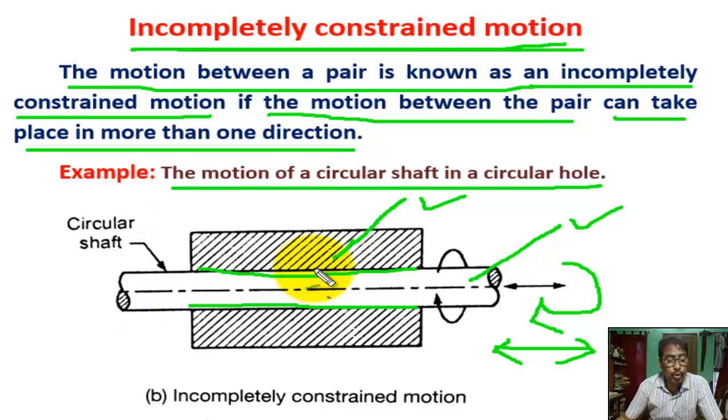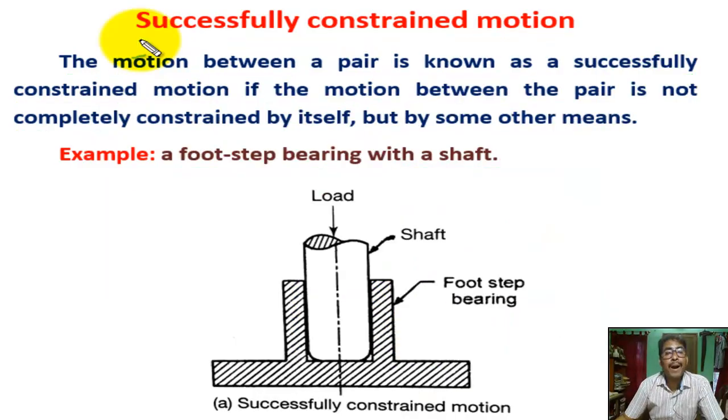The motion of a circular shaft in a circular hole is an example of incompletely constrained motion. The shaft has motion in two directions. The shaft may rotate or slide in the hole.